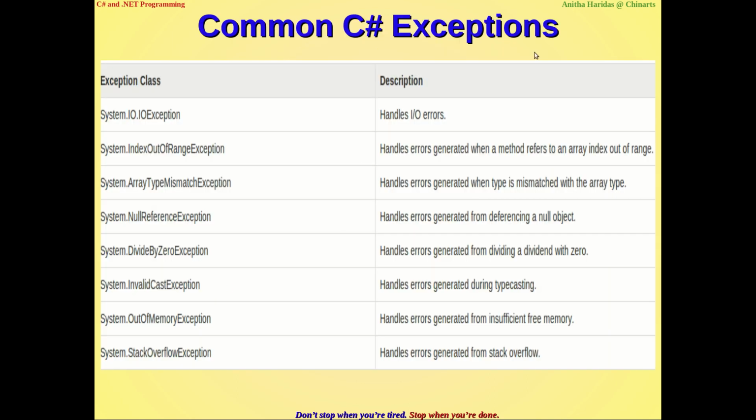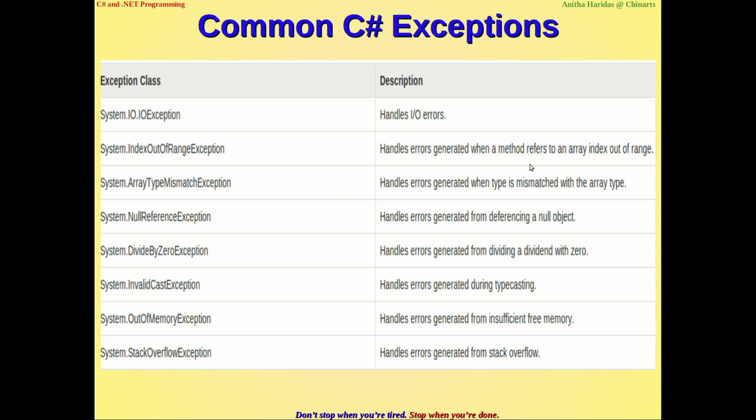So these are some of the common C# exceptions available. Apart from that, you have a lot of other exceptions also available. I have just picked some of them. For example, the exception called IOException. Whenever you have any input-output runtime errors, that will be called an input-output exception, IOException.